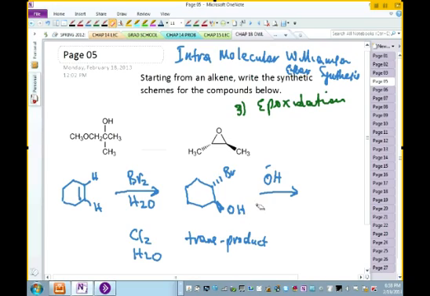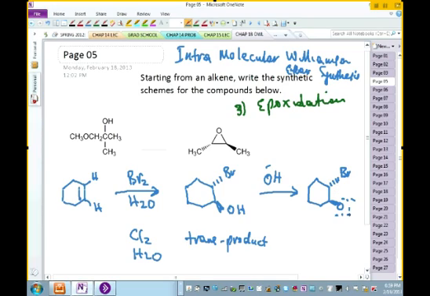Okay, so it will abstract this hydrogen here, you form alkoxide, right? Note the stereochemistry here. The oxygen and the bromine are trans to each other.